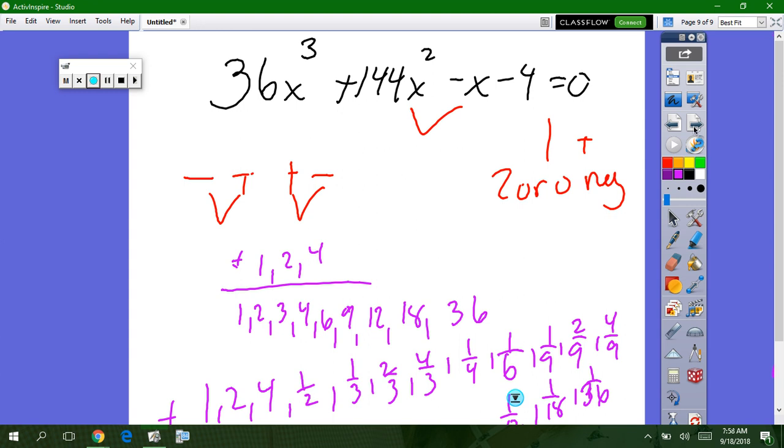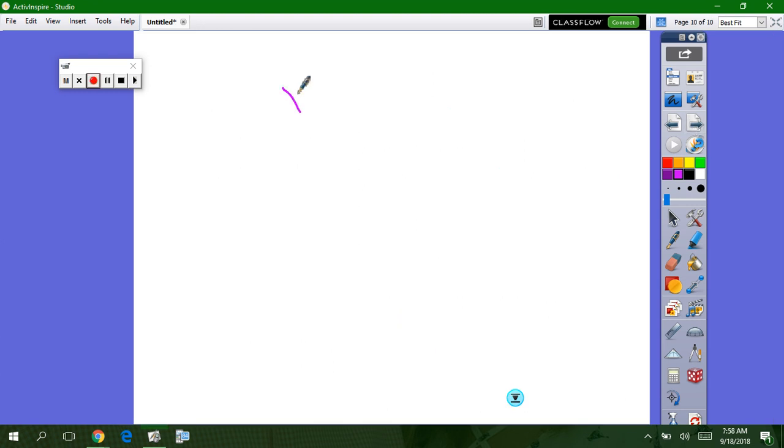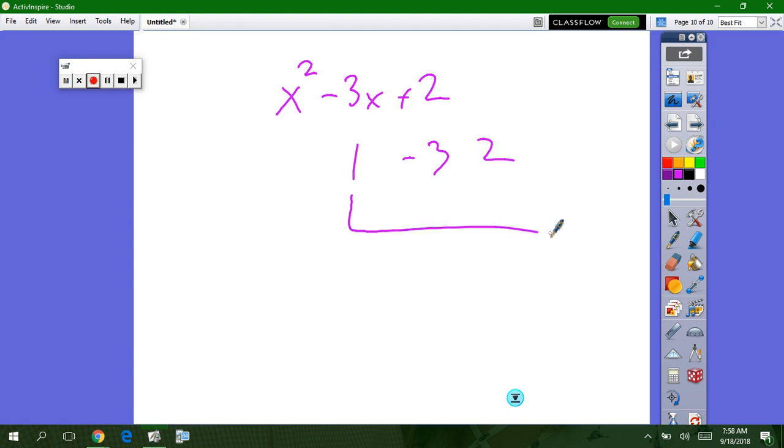Let me just show you here on another problem. Notice really quick, x squared minus 3x plus 2. Here's my coefficients. What did that add up to be? 1, -3, and 2. They add up to be 0. So try 1. It'll always be that case.